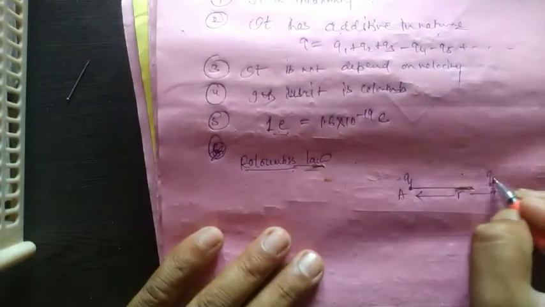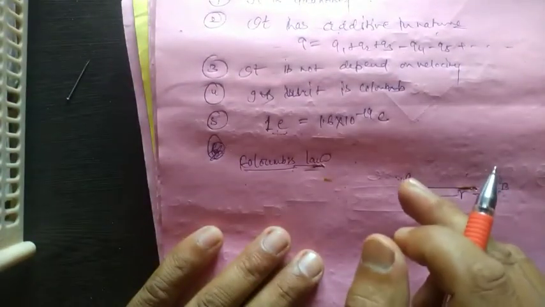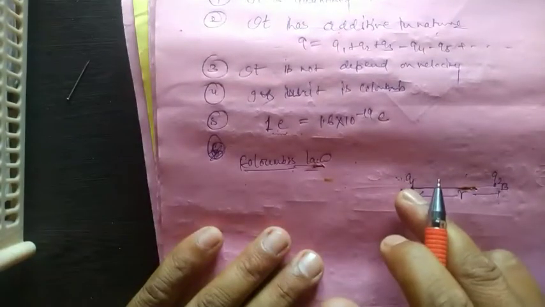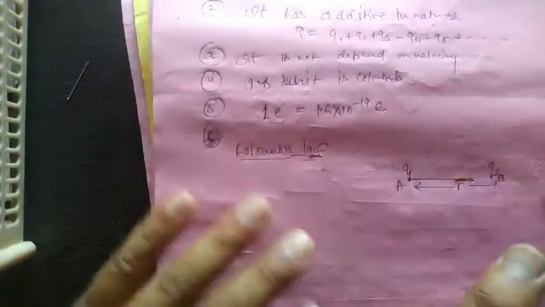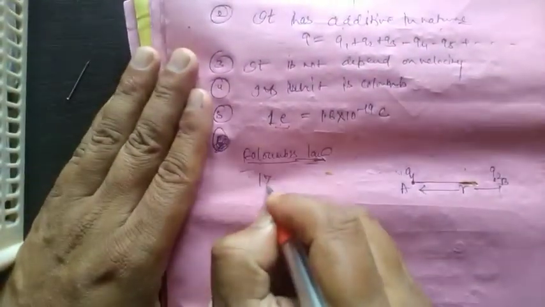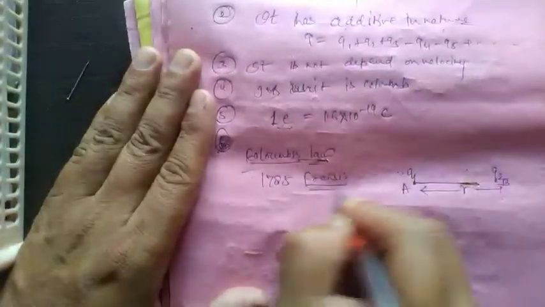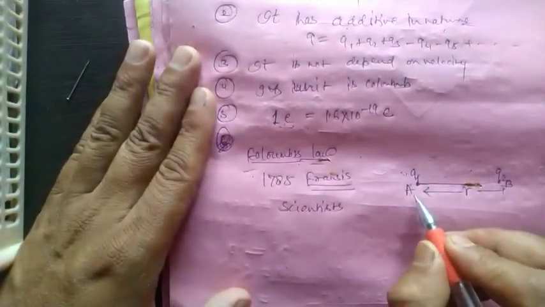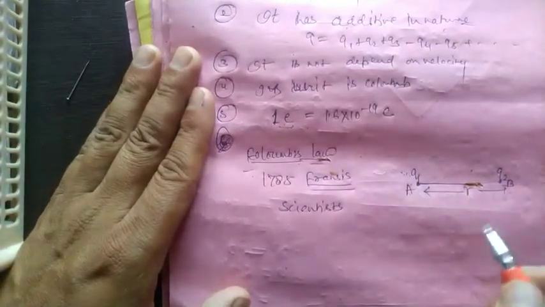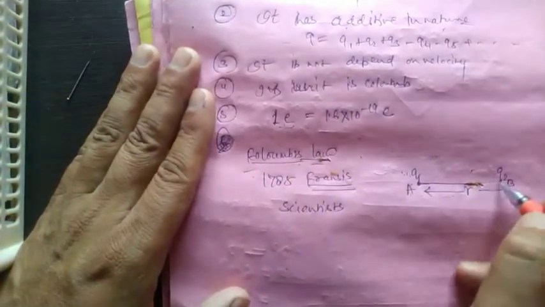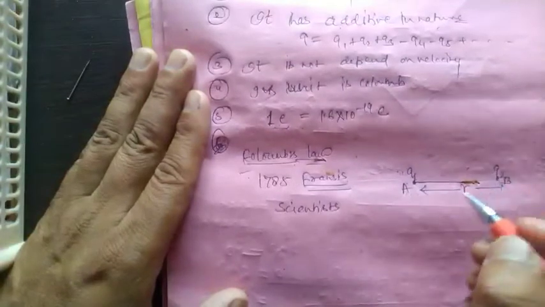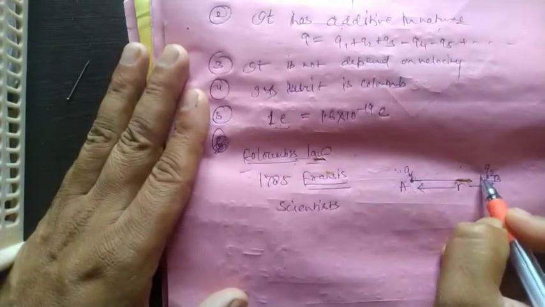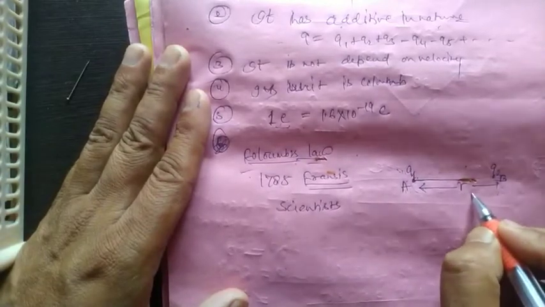Either both charges are positive, or they are unlike charges, one positive and one negative, or both negative. Then Coulomb, the French scientist, found in 1785 that if you have two charges Q1 and Q2 separated by a small distance r, then the electrostatic force between these two charges is directly proportional to the product of the two charges, and inversely proportional to the square of the distance between them.